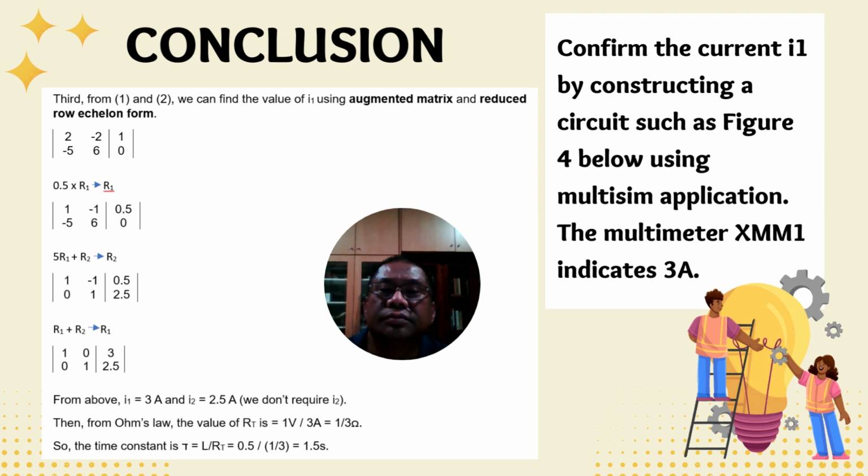Conclusion. With linear algebra, you learn how to derive the formula, to prove the formula, and also how to calculate. But in engineering, like learning electric circuits, most of the time they apply the formula.